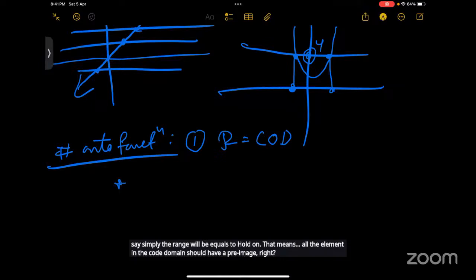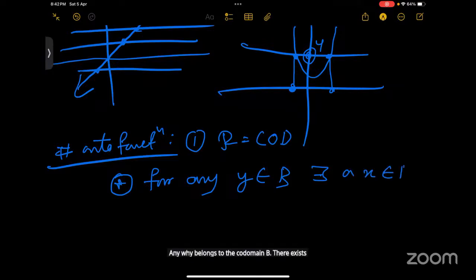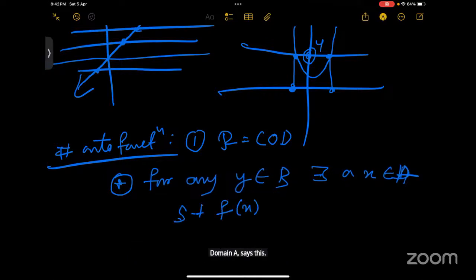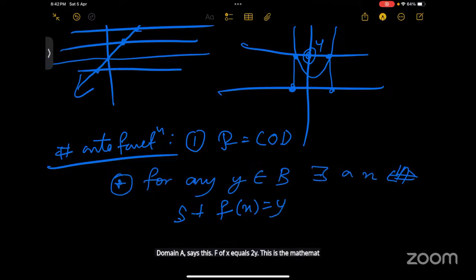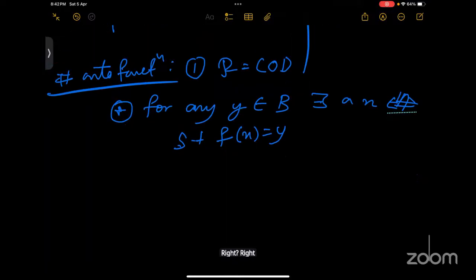So mathematically we can express it as: for any y belongs to the codomain B, there exists an x belongs to the domain A such that f(x) = y. This is the mathematical expression. That means if I want to prove a function is onto, we start with any y in our codomain.